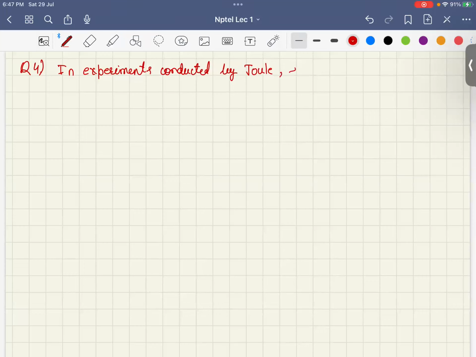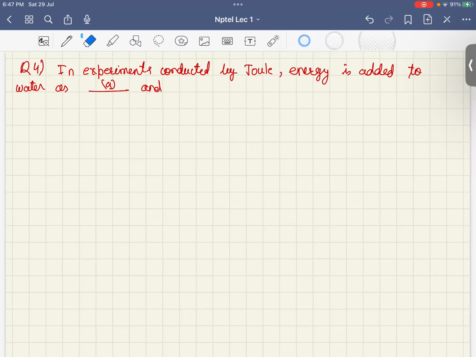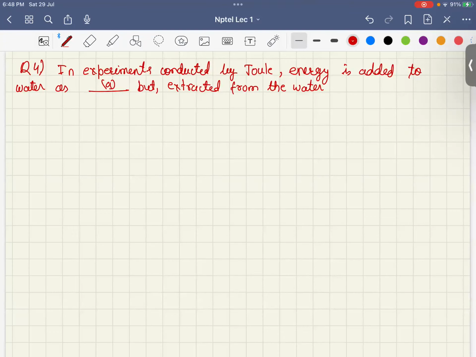Energy is added to water as blank, but extracted from the water as dash.